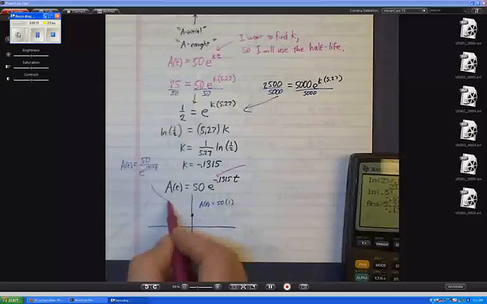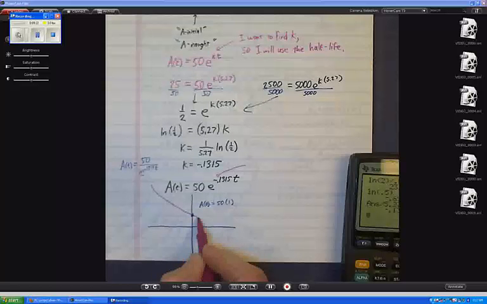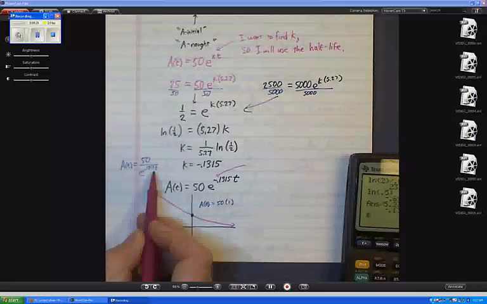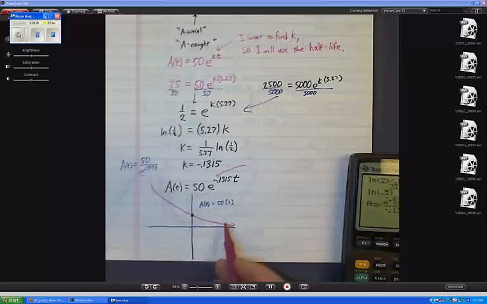It goes through 50, and then it gets smaller and smaller and smaller, but it's never going to get below 0. See, if you put in a number for t, like 1,000, you'll be dividing by a big number, but you're still not ever going to get negative. So we still have 0 as an asymptote, it's just on the other side. Does that make sense to you guys?